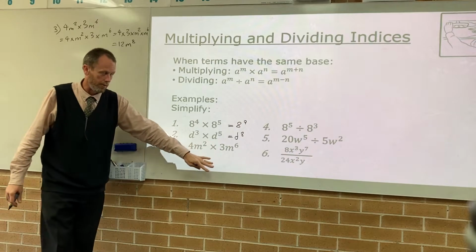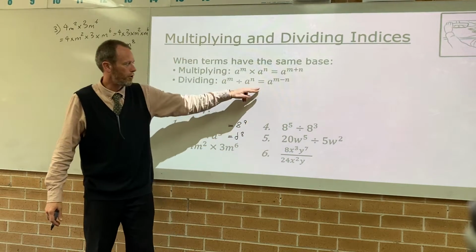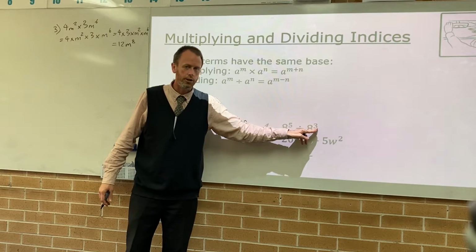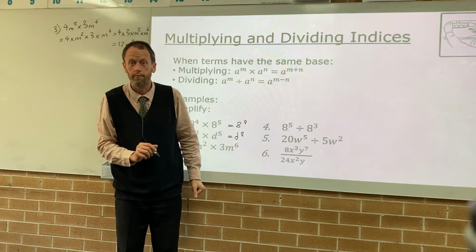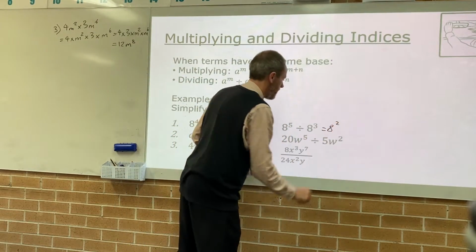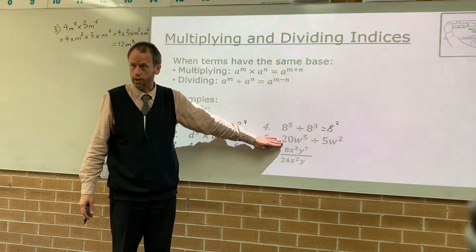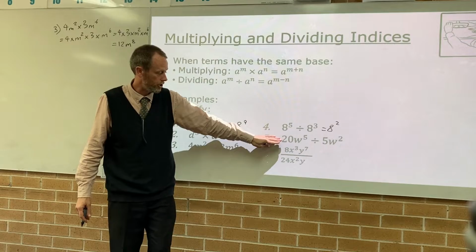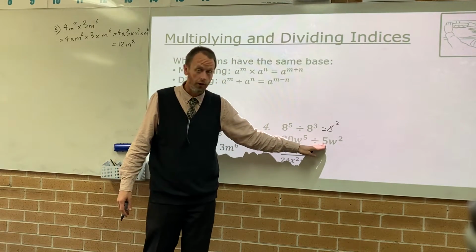All right, that's times. What about divided by? Here's our rule. All we need to do is take away the top numbers. So what do we end up with? 8 to the power of 2. Excellent. 8 to the power of 2. Similar when it comes to this question here. We can actually deal with the numbers first. So what is 20 divided by 5?